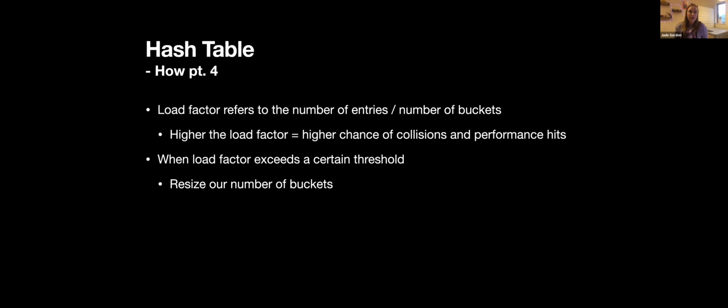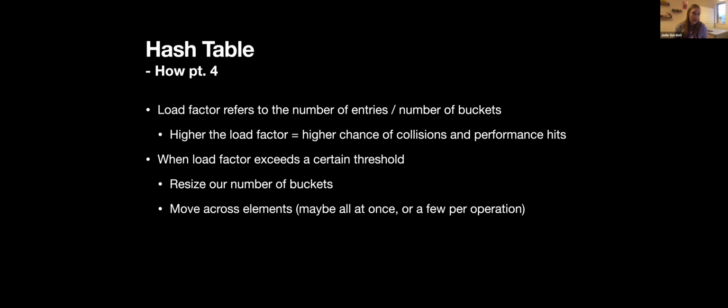Something you might want to do to mitigate this is when your load factor exceeds a certain threshold, say maybe 0.5 as an example, you might want to resize the number of buckets in the hash table. What you then want to do is move all of the existing elements from the current hash table to the new one.